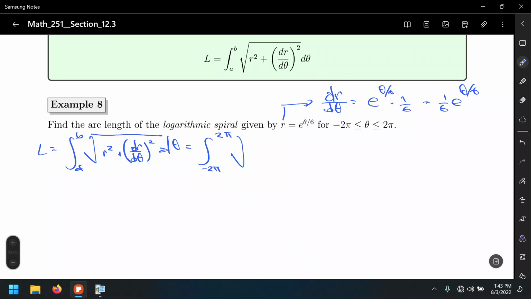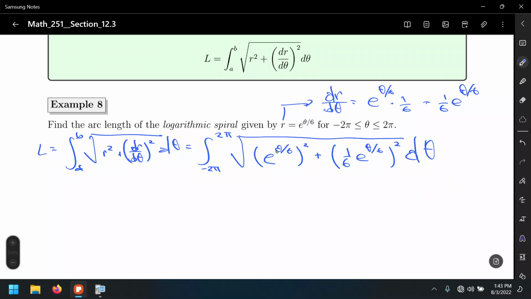So the square root of r squared, that's the function e to the theta over 6, quantity squared, plus the derivative, be careful, 1/6 e to the theta over 6, also squared, with respect to theta. Well, let's simplify this exponential, e to the theta over 6 quantity squared.